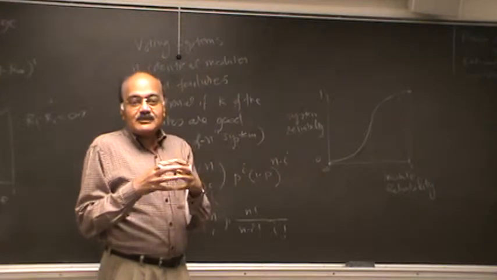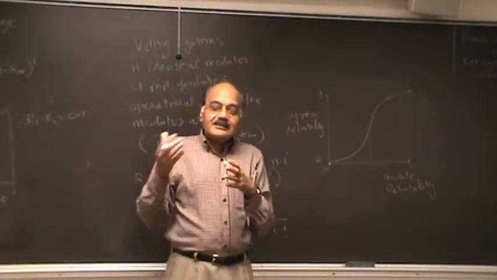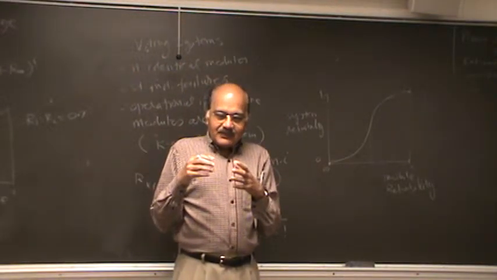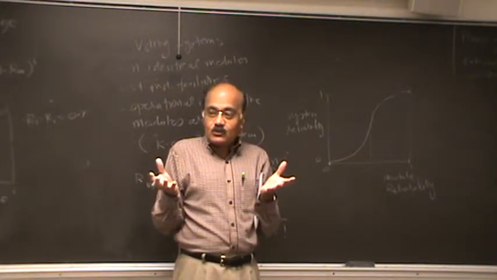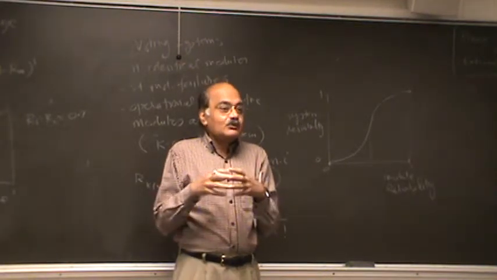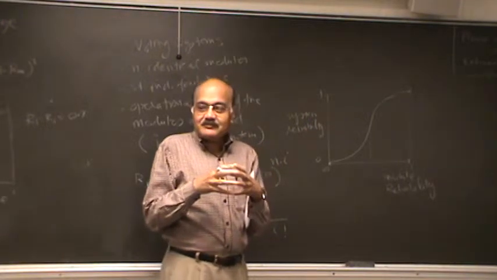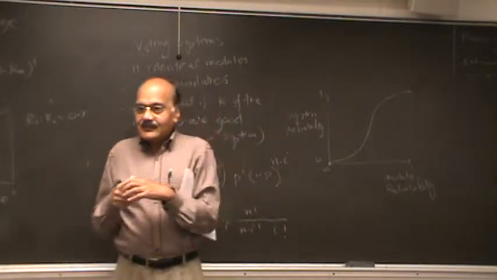But when each individual module is less than 50%, if it is more likely to be bad than good, if you put more of them, it gets even worse. Right?